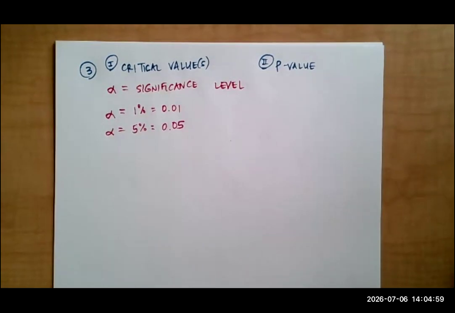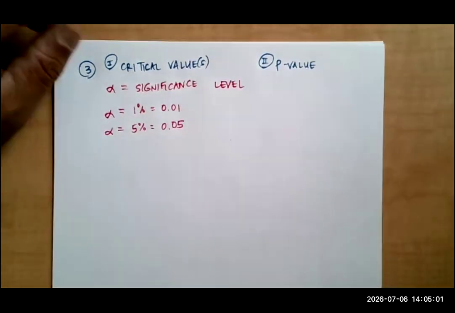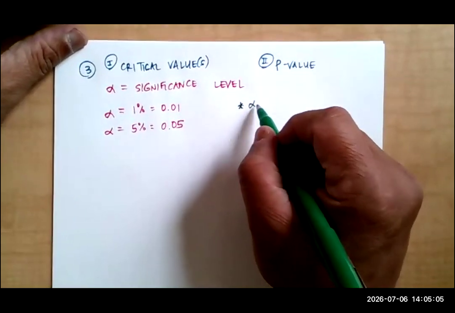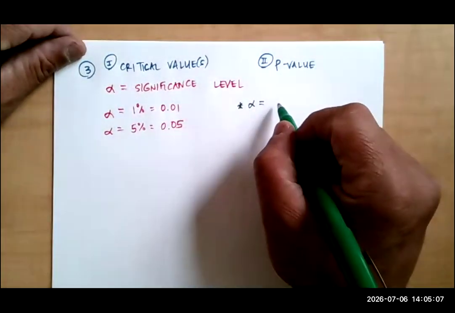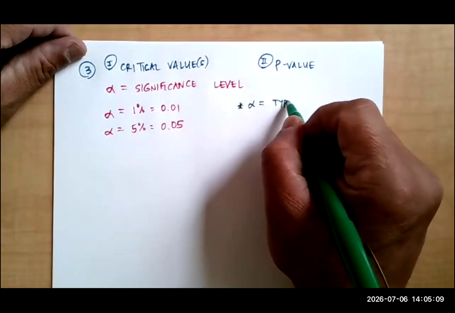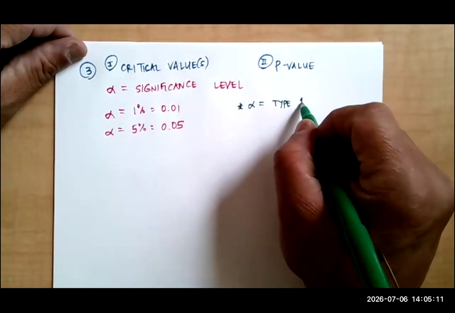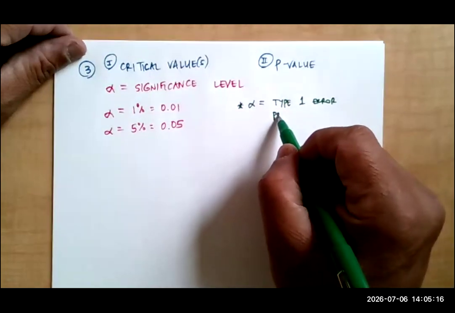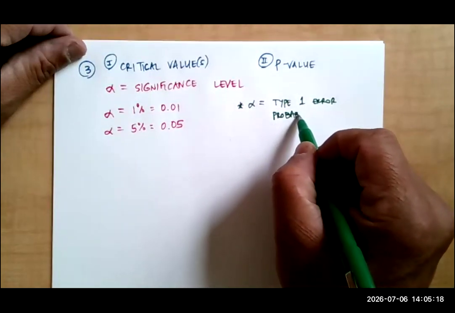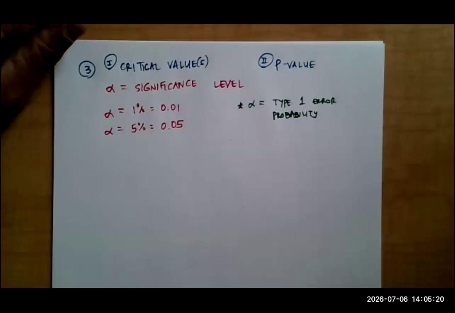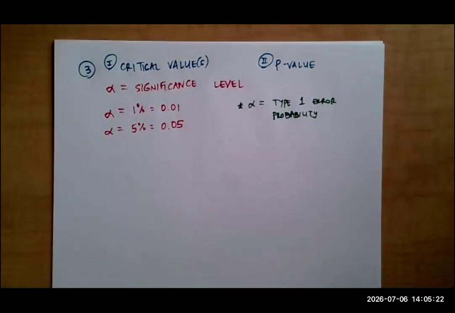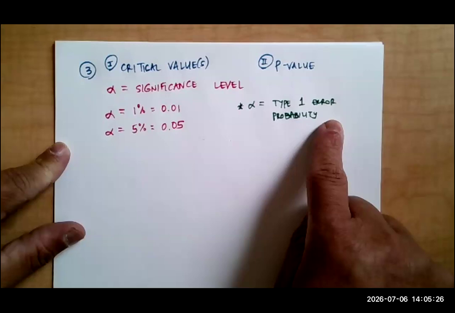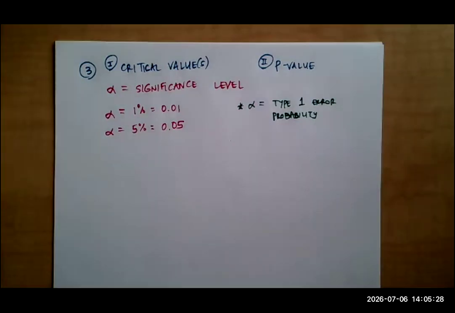So just like having a 99% confidence, that 0.05, that 5% significance, is like a 95% confidence interval. And a key statement here is this alpha: this is our type 1 error probability. So that's the probability, the chance, that we make an error, we make the wrong decision, the wrong conclusion based on our work.